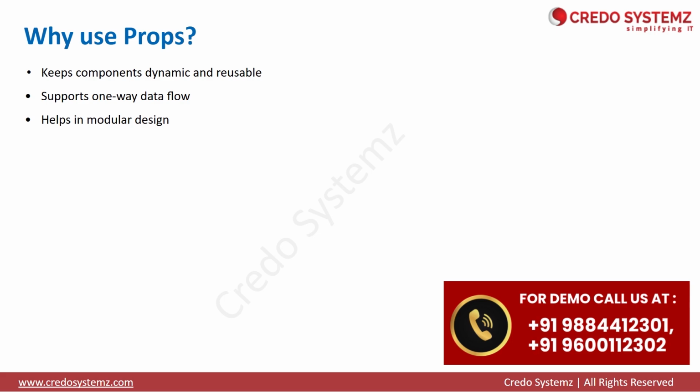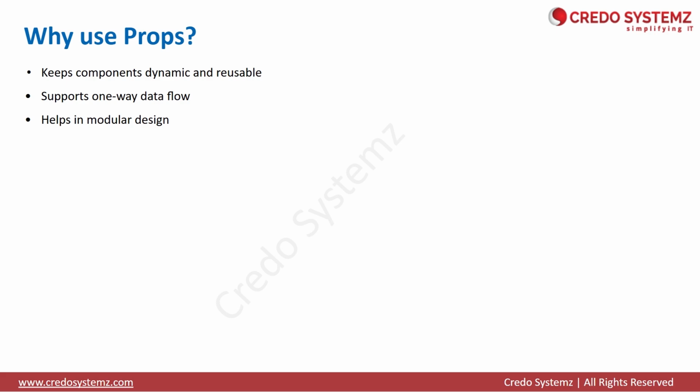Keep in mind, props are properties. They help you pass data from the parent component to the child component. We are not able to send any data from the child component to the parent component. React is always one-way data flow. The main advantage of using props is that they make the component reusable and dynamic.